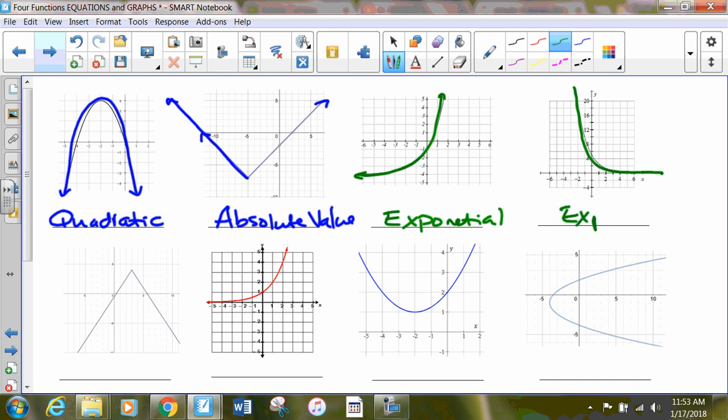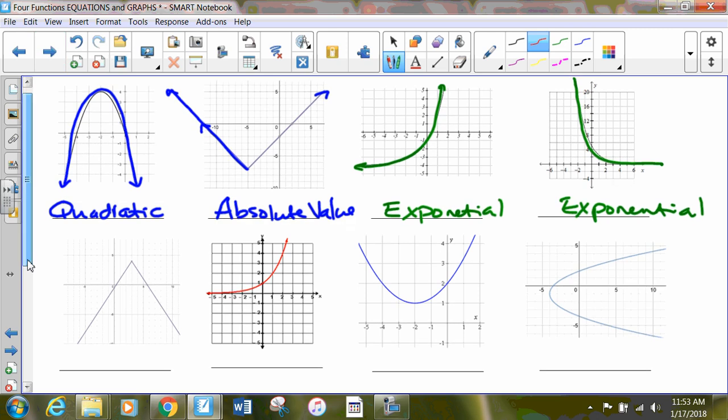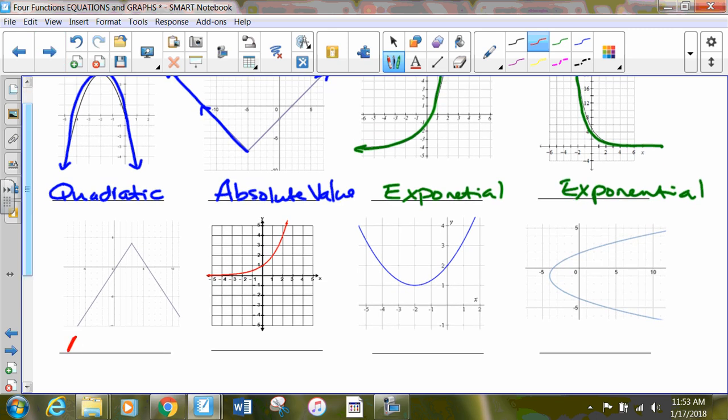That's also exponential. Okay, here we've got an upside down V. My V's are always going to be, that's right, absolute value. Here, once again, we're going slow, and then whoop, we shoot up exponentially. That is exponential.